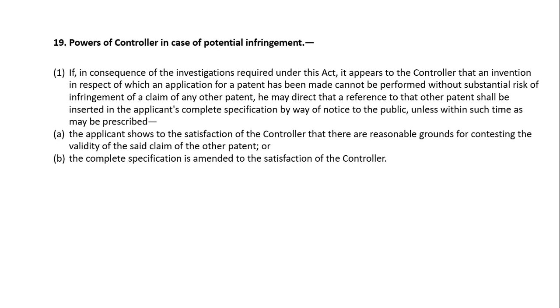Subsection 1 of section 19 says that if in consequence of the investigation required under this act, it appears to the controller that an invention in respect of which an application for a patent has been made cannot be performed without substantial risk of infringement of a claim of any other patent, he may direct that a reference to that other patent shall be inserted in the applicant's complete specification by way of notice to the public, unless within such time as may be prescribed.